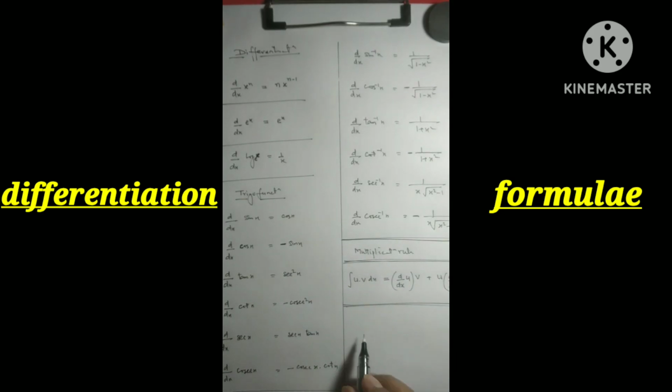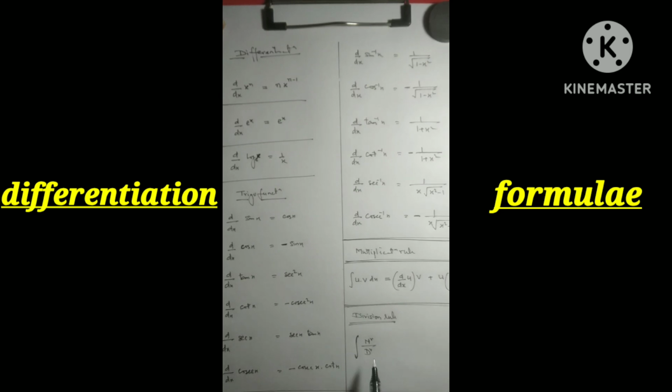And one more, division rule, quotient rule. So it is numerator and denominator. So if you have rational function, means two x functions in ratio, so what will be the result?